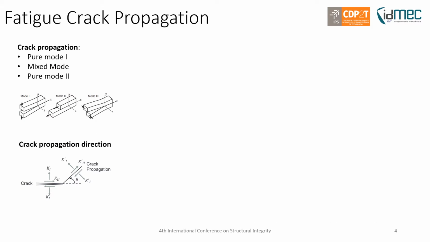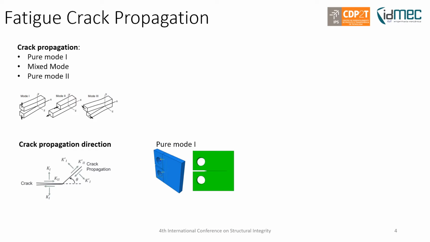Of course, fatigue crack propagation does not always happen on a straight line, so we have other conditions beside pure mode 1 opening conditions. When we have mode 2 and mode 3 shear modes, then we can have the crack propagating along a different direction due to mixed mode conditions.